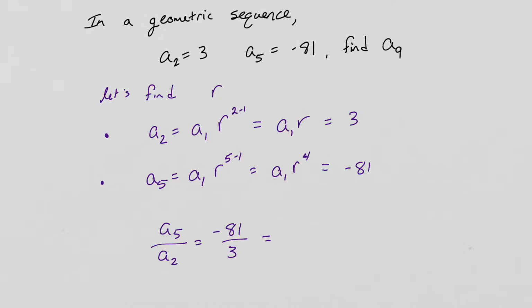And if we plug in these two things, we can get that A1R to the 4th divided by A1R is equal to this negative 81/3.